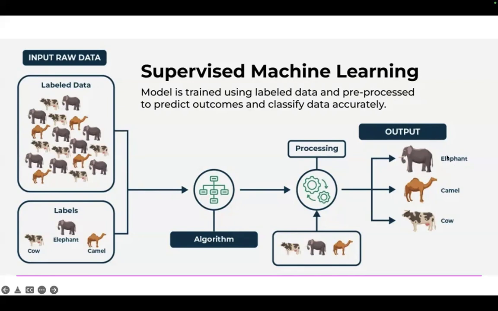This is elephant, this is camel, this is cow. This is the whole process. So the model is trained using label data and pre-processed to predict outcomes and classify data accurately. ठीक है?